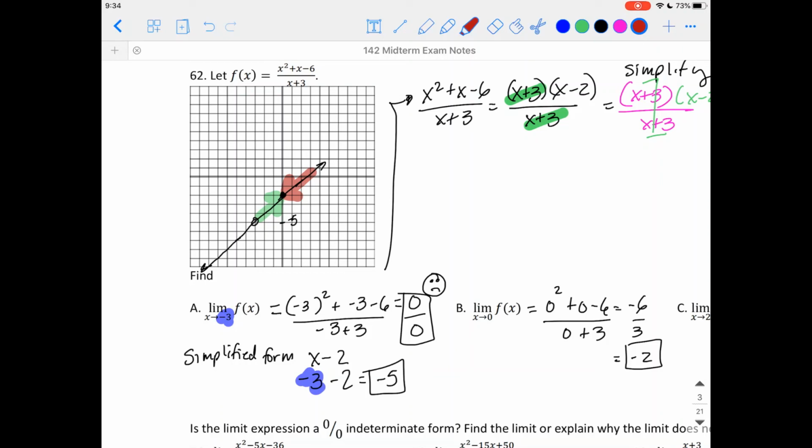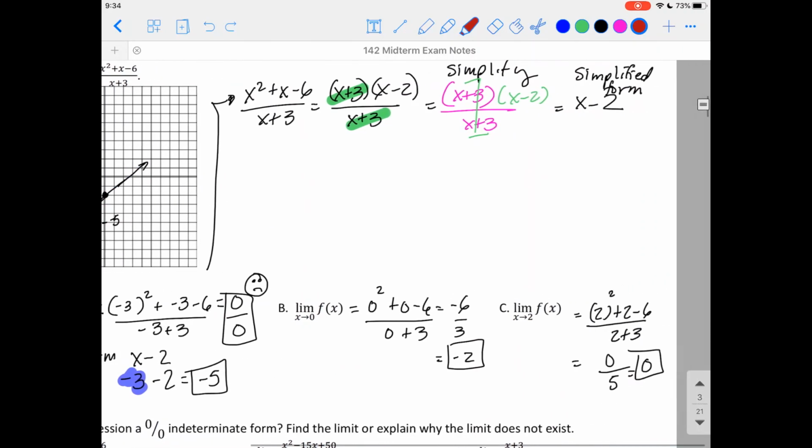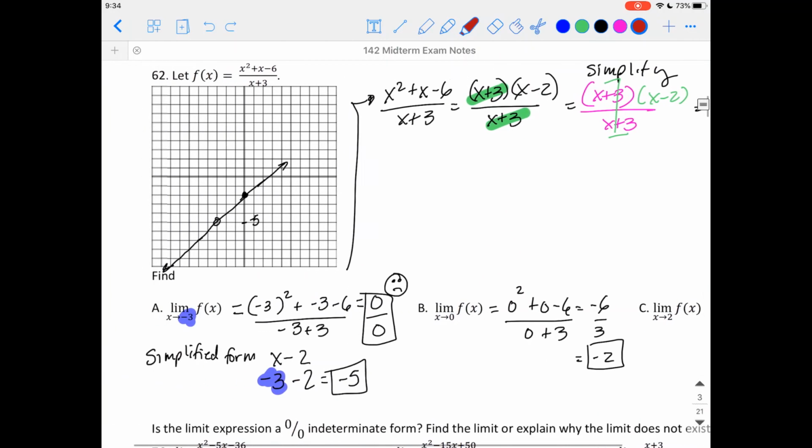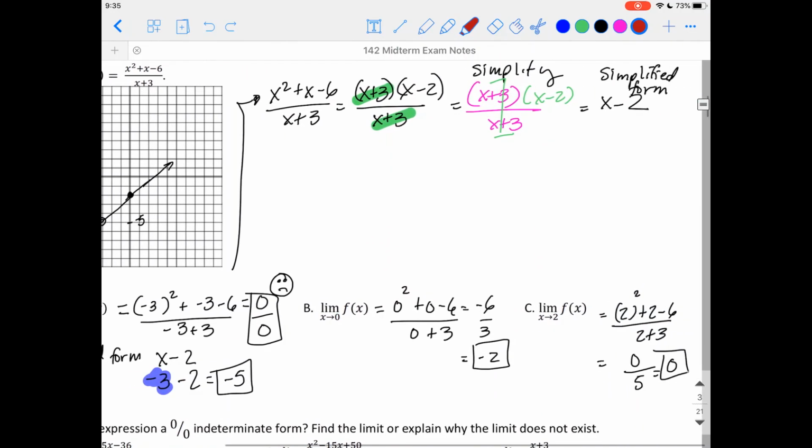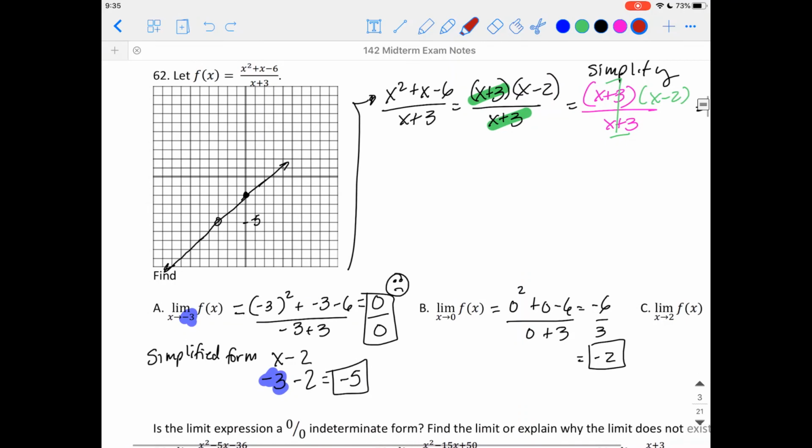So that's for part B. And for part C, the limit of the function as x approaches 2. So my line's a little bit off. I should probably fix this.